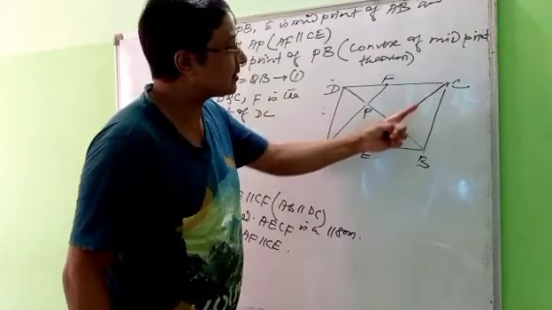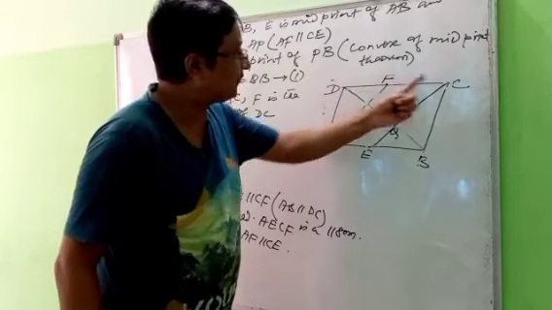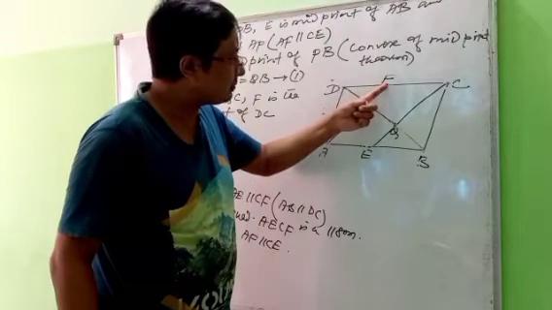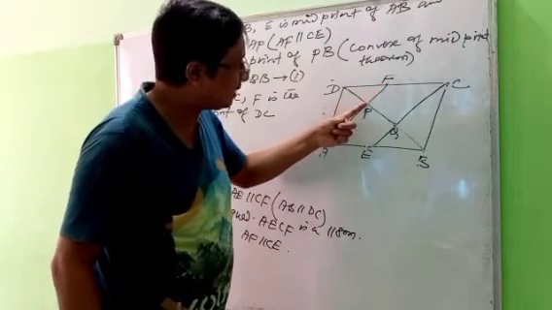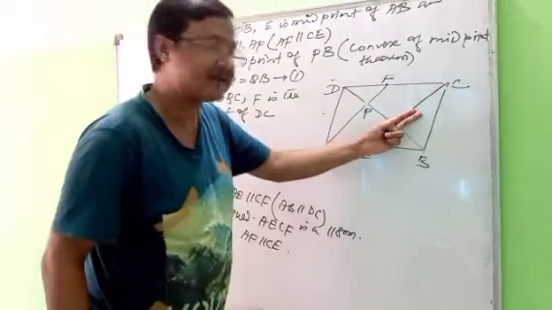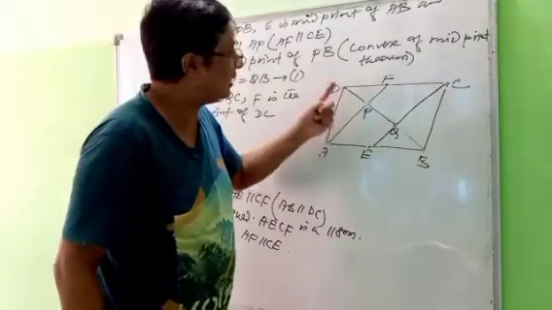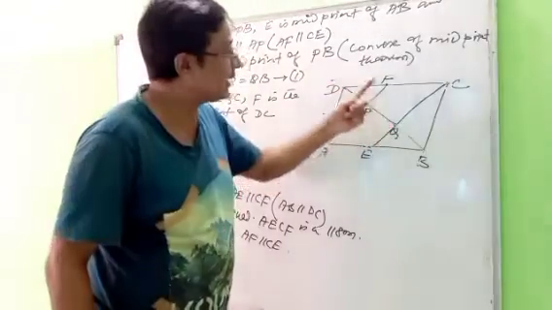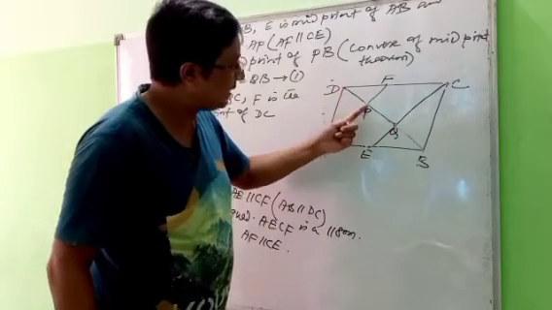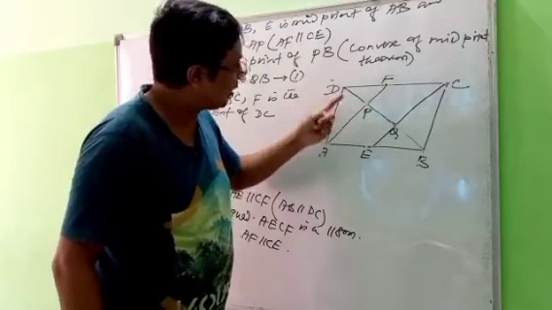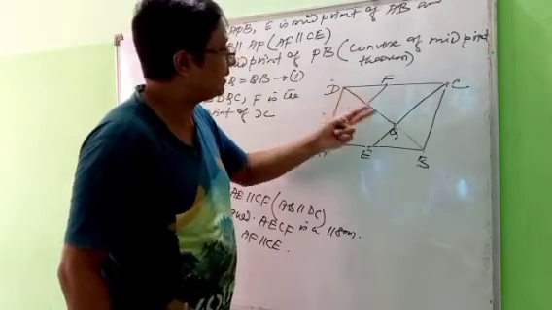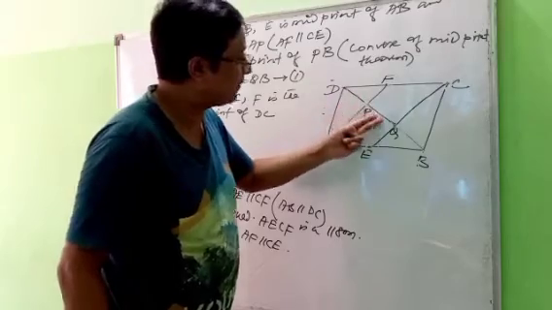The other side is CQ, so CQ becomes the second side, and DQ becomes the third side. Hence the line drawn through the midpoint will bisect the third side. That means P becomes the midpoint of DQ. So DP equals PQ, and these two segments will be equal.